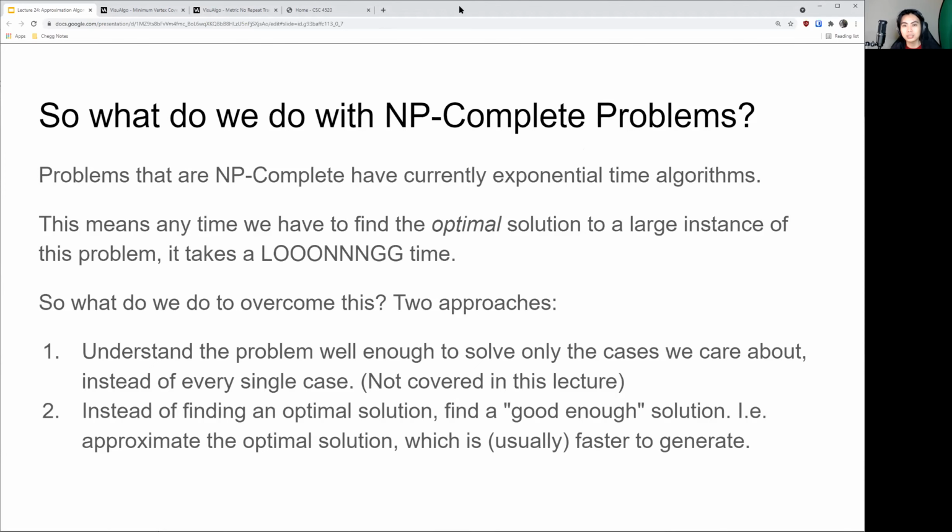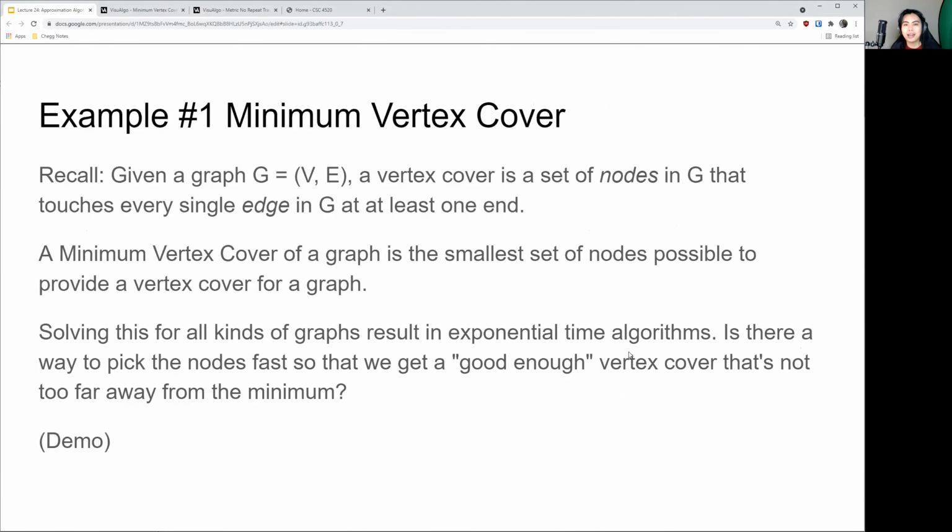That's the hypothesis. And we're going to go ahead and look at that in our first example with minimum vertex cover. So if you remember from last week, and I keep talking about this, a vertex cover is a selection of nodes in a graph that touch every single edge in G, at least on one end, right? A minimum vertex cover is a set of nodes on a graph such that you have the smallest set of nodes possible in order to create this vertex cover.